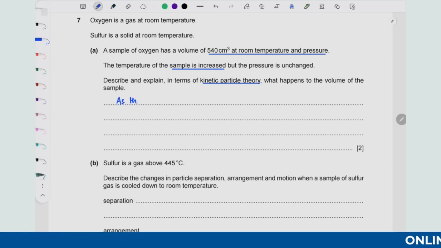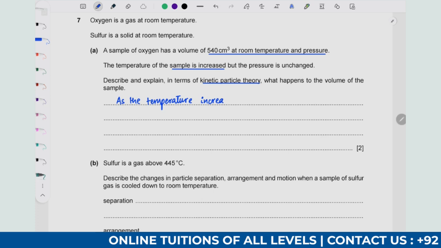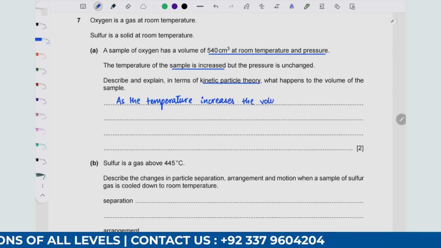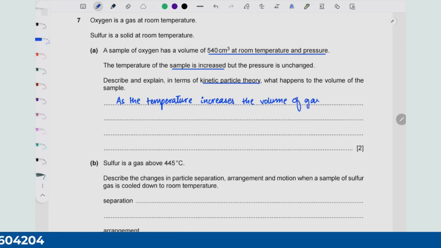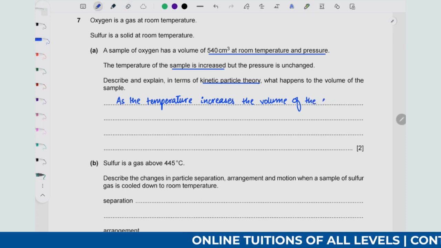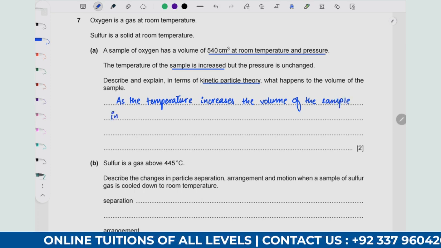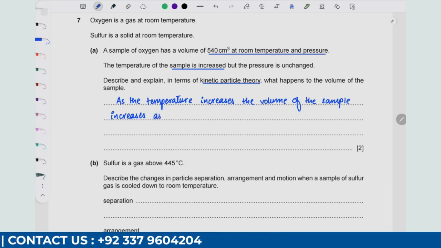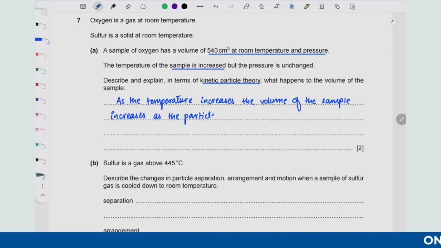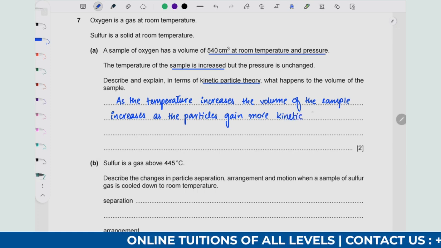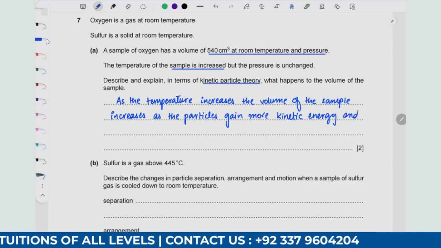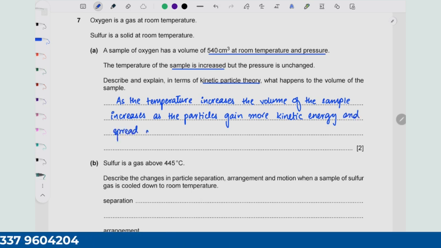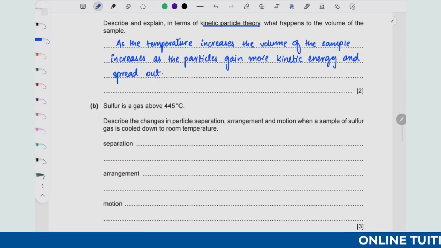So as the temperature increases, the volume of the sample increases as the particles gain more kinetic energy and spread out or move away from each other.